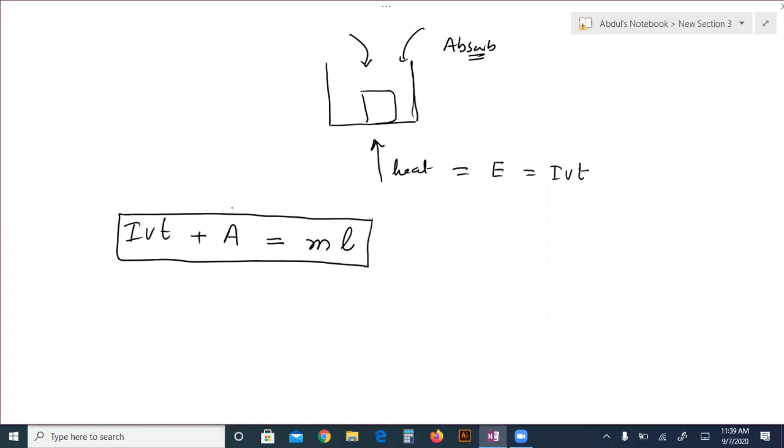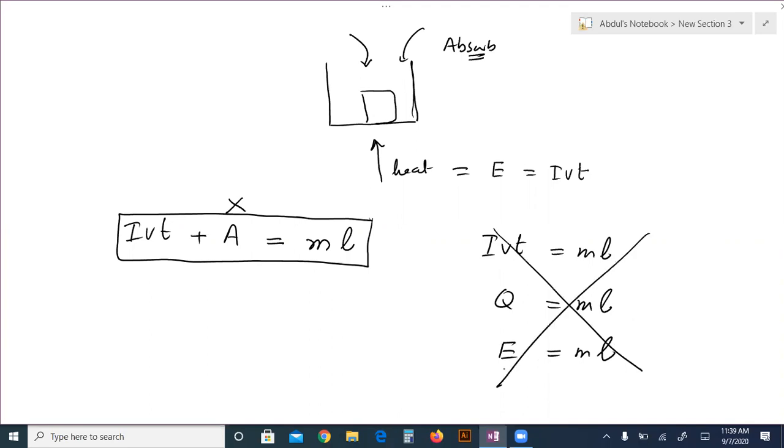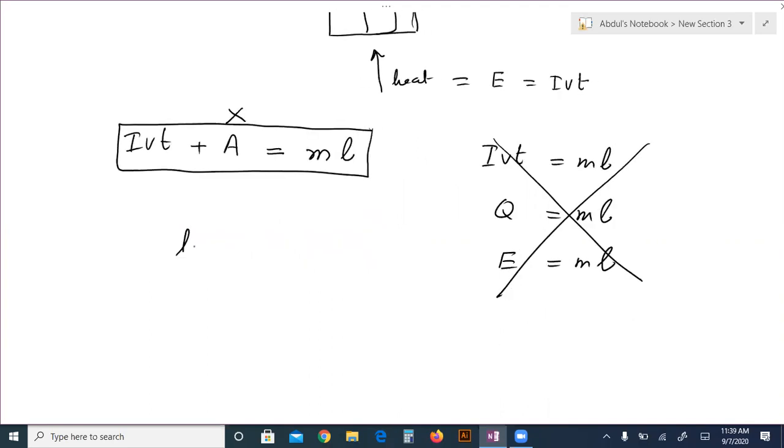But in the previous classes, we ignored that, taking the absorbed energy as 0. So we wrote IVT is equal to mL, Q is equal to mL, our energy is equal to mL. So this assumption will give you the wrong value. When you calculate this specific latent heat by the formula Q by m, meaning IVT over m, this value of the specific latent heat is wrong.